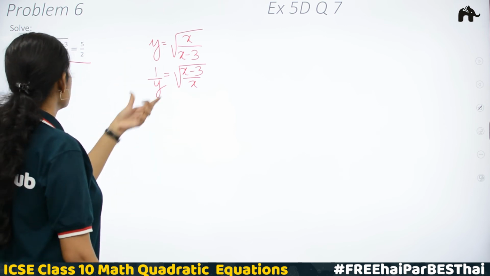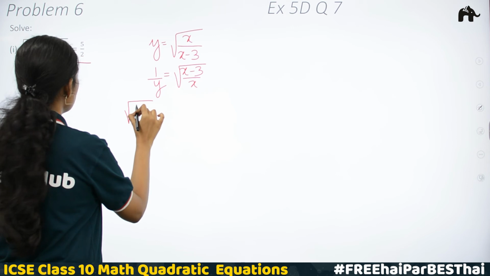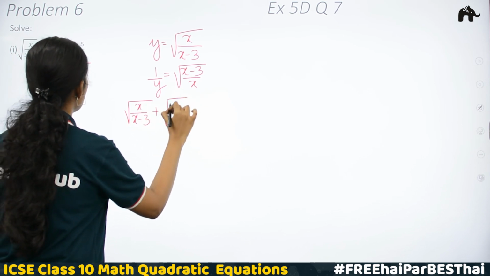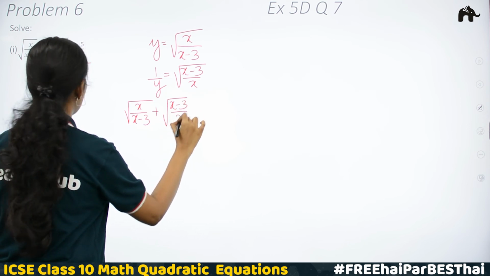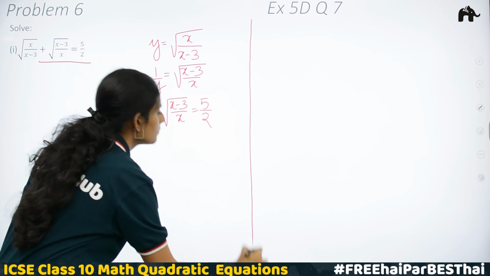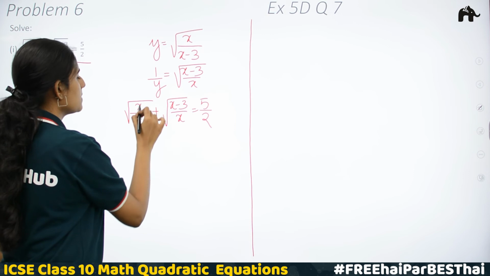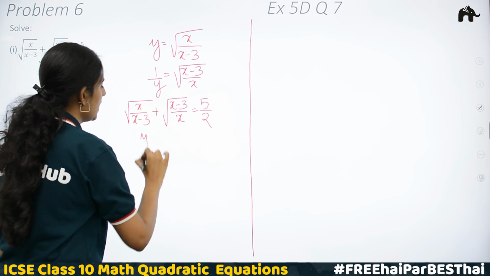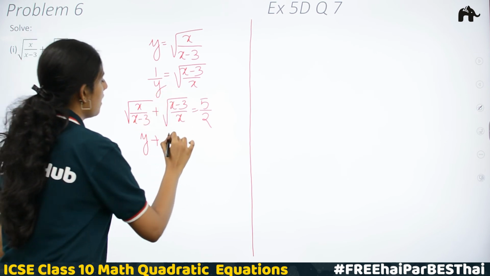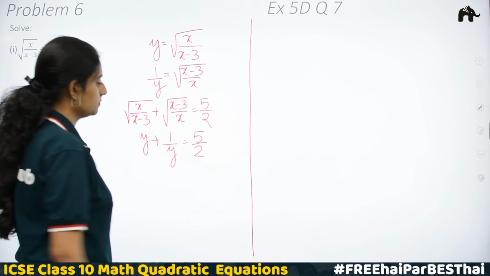Okay. Now we will be substituting this in the equation. The equation is root of x by x minus 3 plus root of x minus 3 by x is equal to 5 by 2. When you substitute, you will be getting y plus 1 by y is equal to 5 by 2.